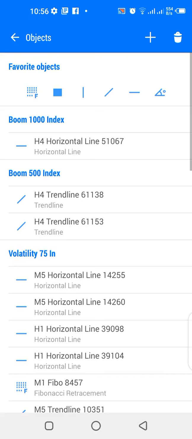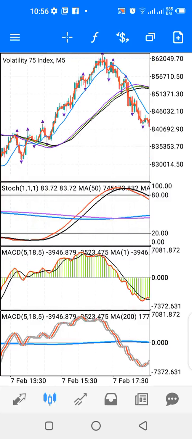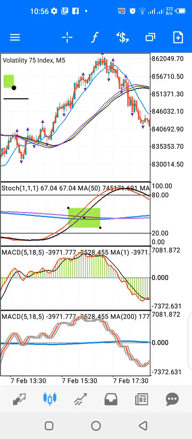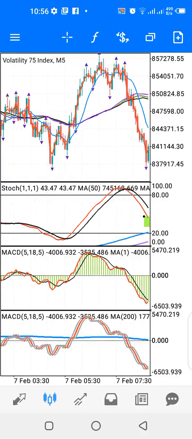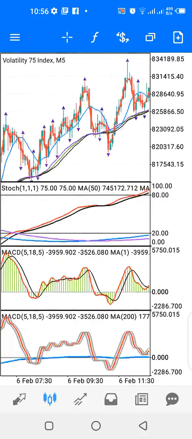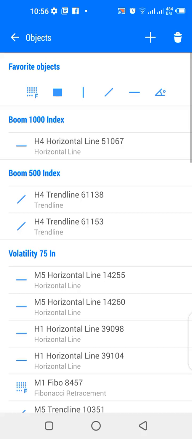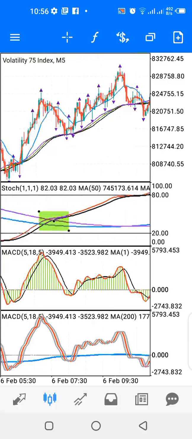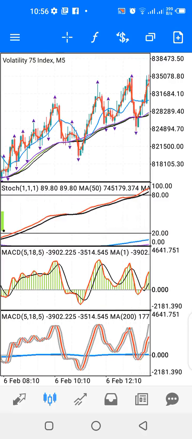Okay, we have a beginning of a sell trend around here, and we have beginning of a very short buy trend, then a long one. Beginning of a sell trend here. Okay, and we have the beginning of a buy trend here. All right, now that's for the trend, the start of the trend. That's for identifying the start of the trend.